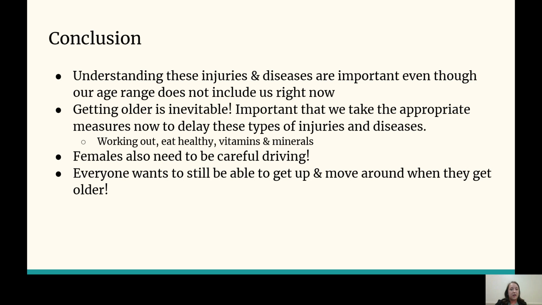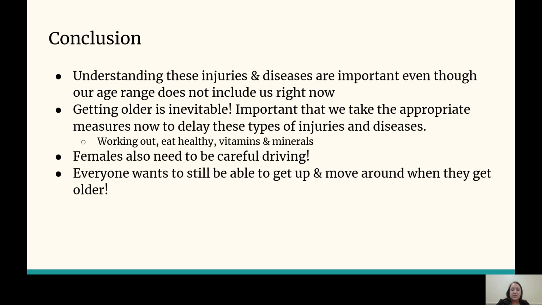Working out, eating healthy. I know Michaela mentioned that. We need to take those measures at this age so the onset of these injuries and diseases can be delayed as much as possible. As far as hip dislocations go, they're really caused by motor vehicle accidents. So driving safe and wearing your seatbelt is really important for us to do now, as well as working out and eating healthy.